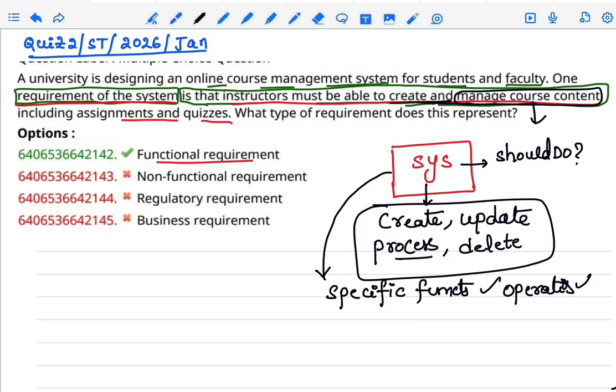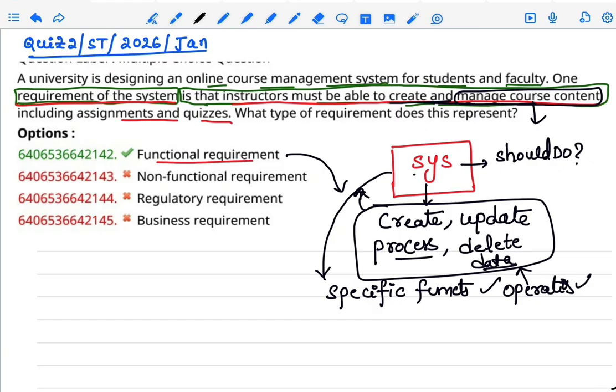This point is important: create and manage the course content. That means create, update, delete and process. That is operations on the data. All these are functional requirements, friends. So this comes under the functional requirements.